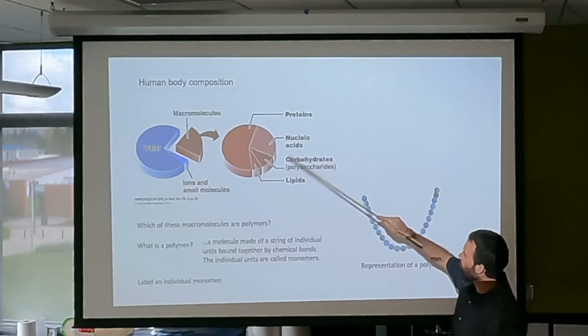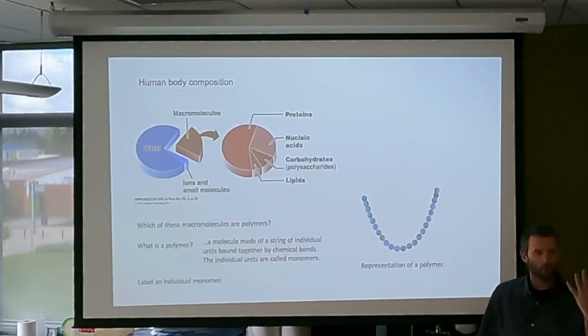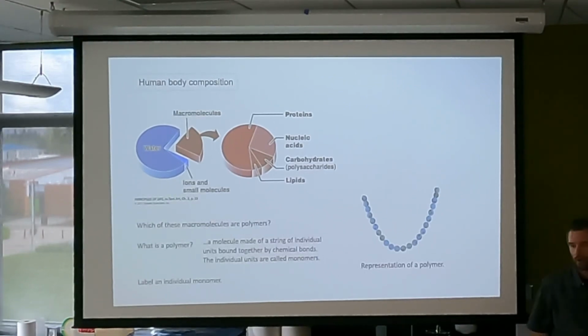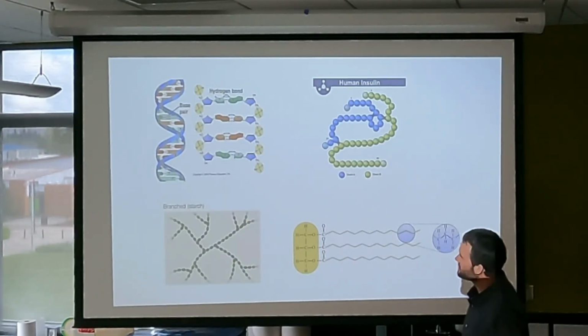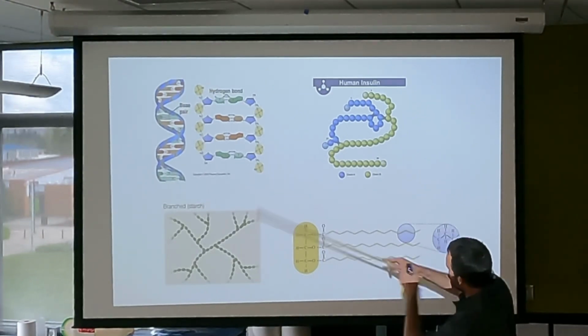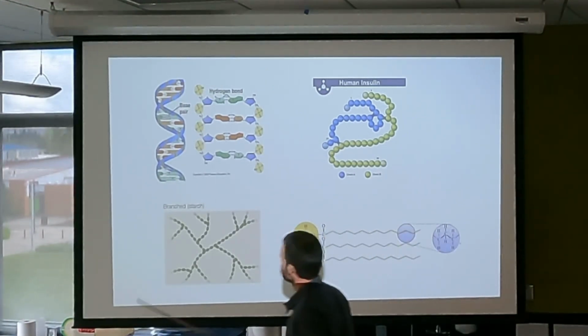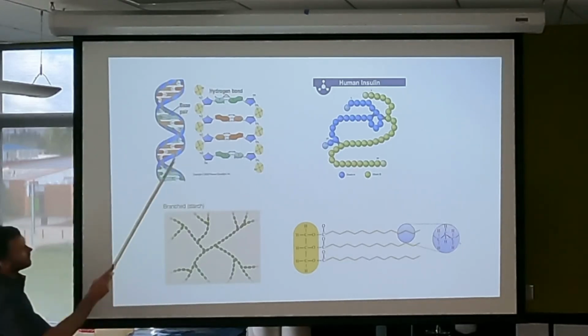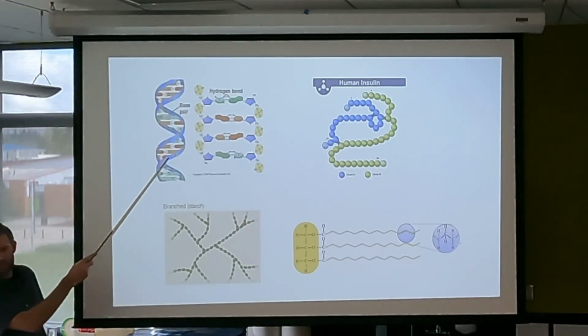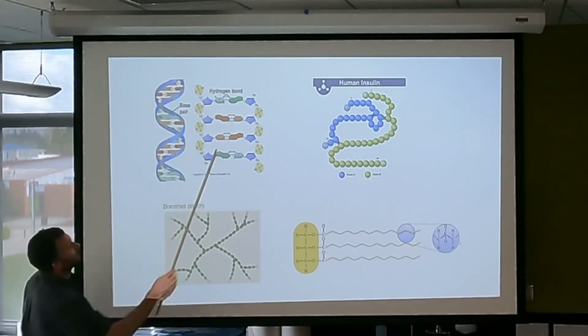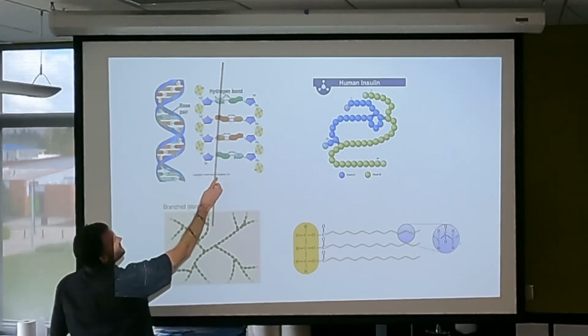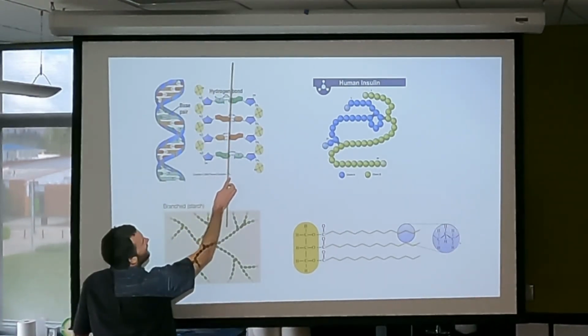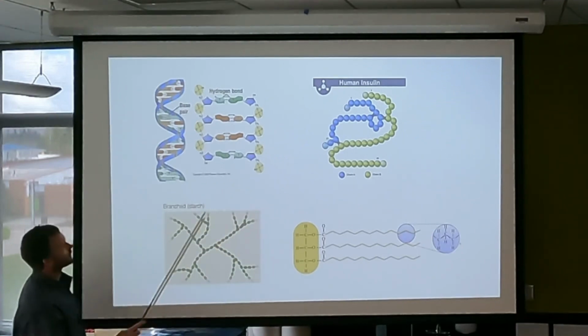Now, out of these 4 macromolecules, 3 of them are going to be polymers. And let's take a look at those. These are all 4 of the different macromolecules. This is DNA. This is a double-stranded DNA. And this is a single strand over here, and this is a single strand over here.